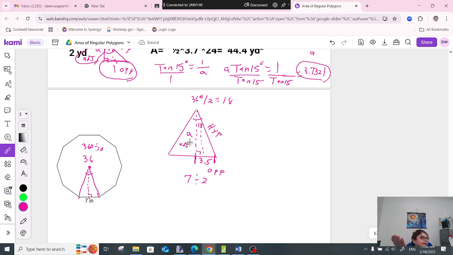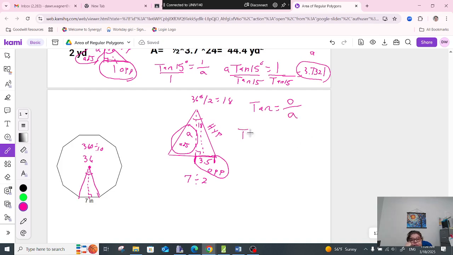By the way, you always end up using tangent on these. So, opposite's what I have. Adjacent's what I'm looking for. What's opposite and adjacent? Tangent is equal to opposite over adjacent.